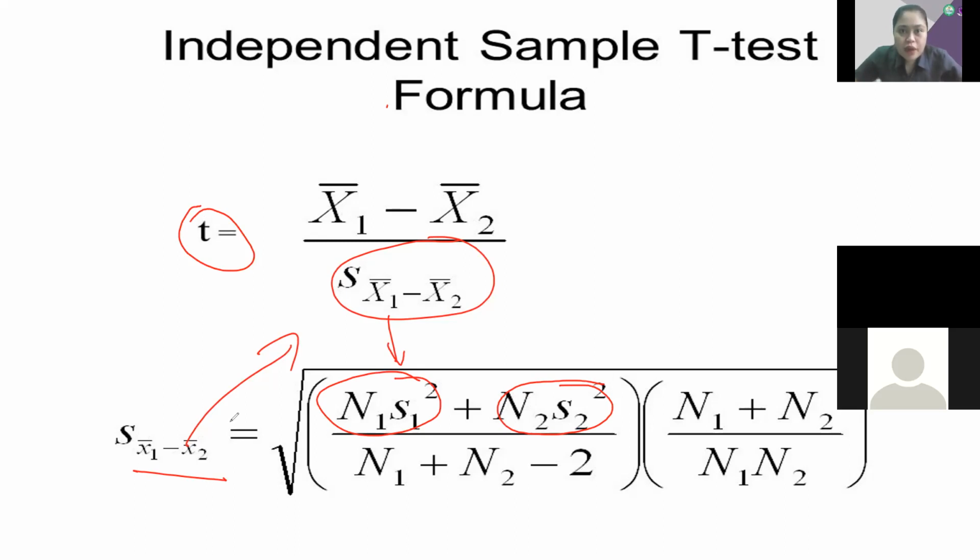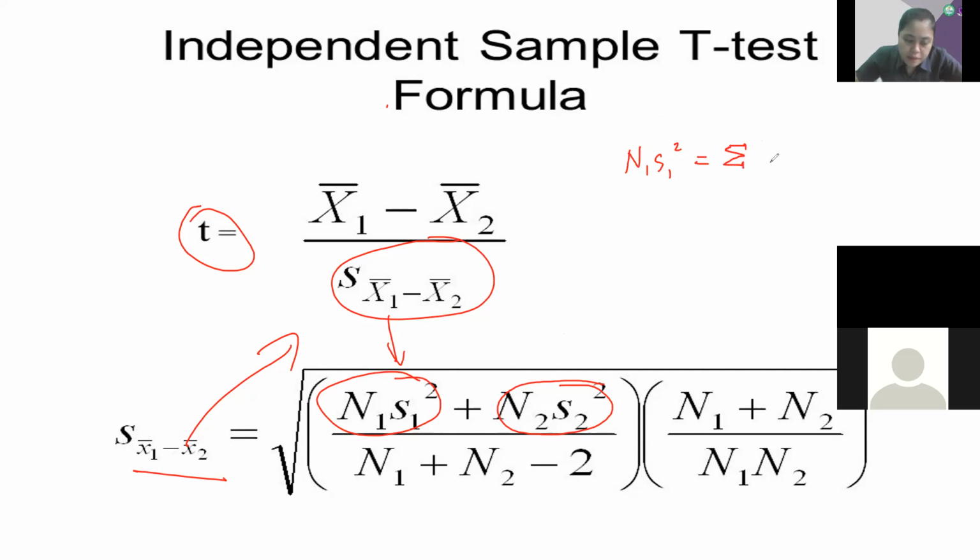Now, yung s sub x1 minus x2, ito yung ating formula. Pero yung n1 s1 squared na yan ay kino-compute din using this formula.